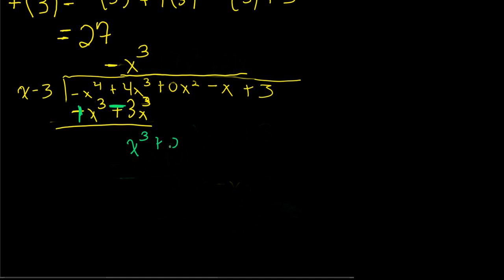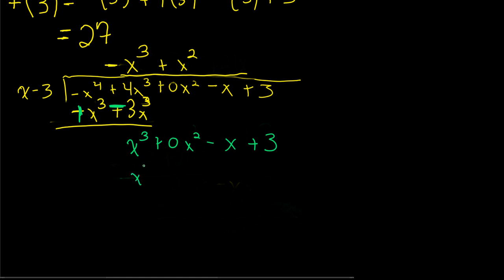Now I'll bring down the rest of it. And I'll look at my leading term. x cubed divided by x is a positive x squared. So I'll now multiply this back through.